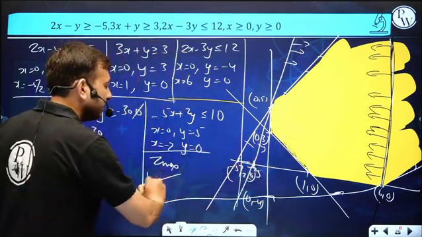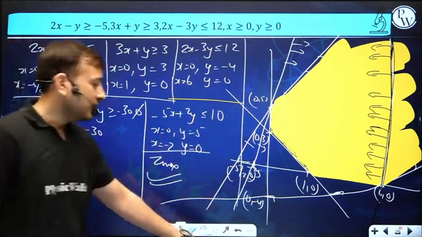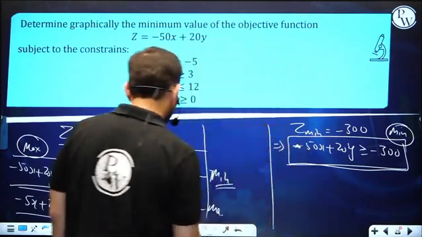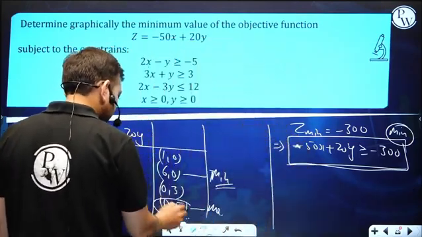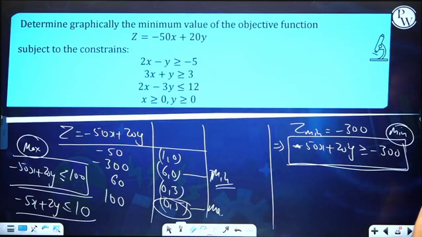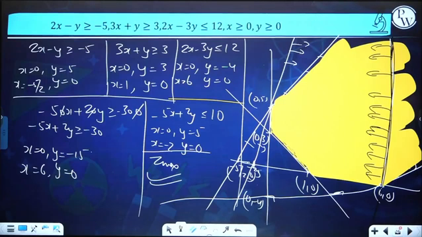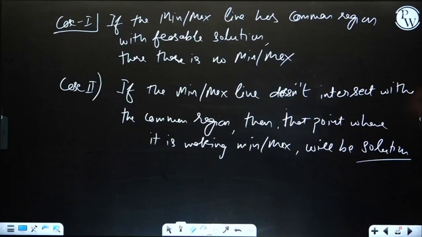So that means this point only will be your maximum point, where it is making the maximum, which is 0, 5. Like this. Okay. Understood? So in the second case, where the region comes unbounded, you need to do one more step.